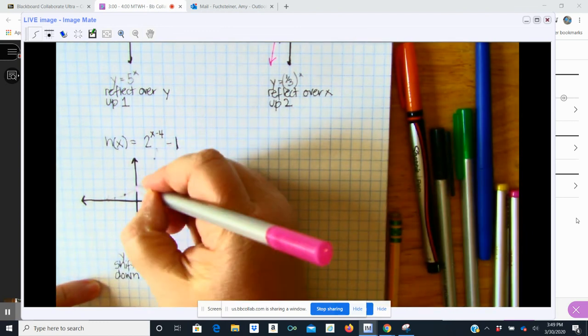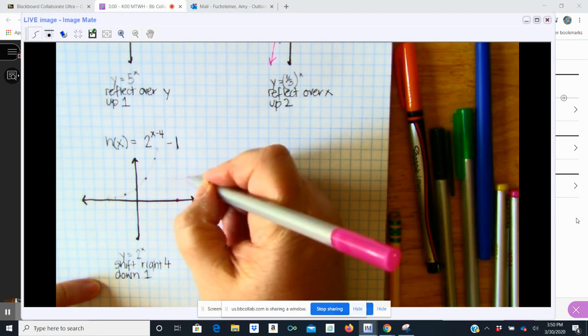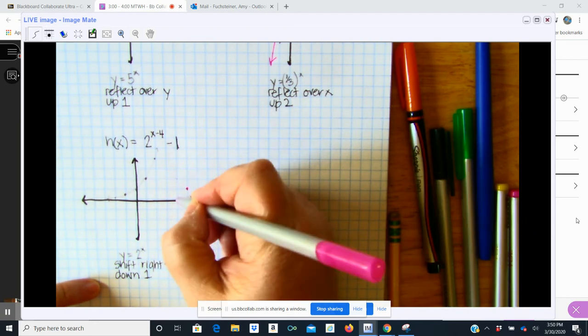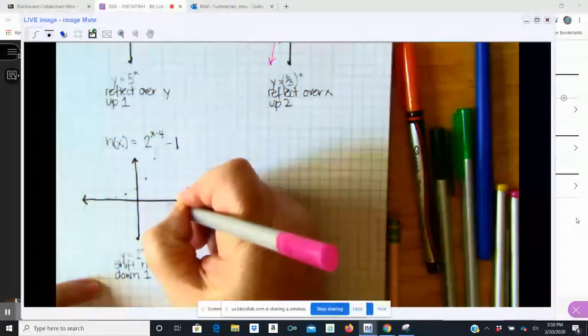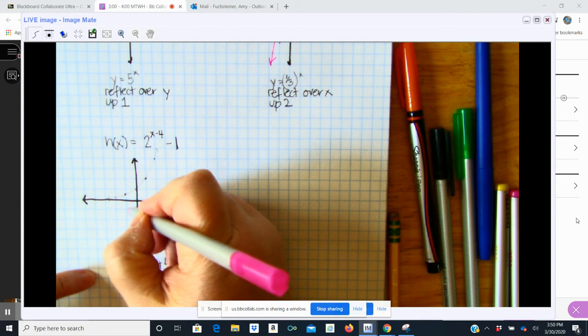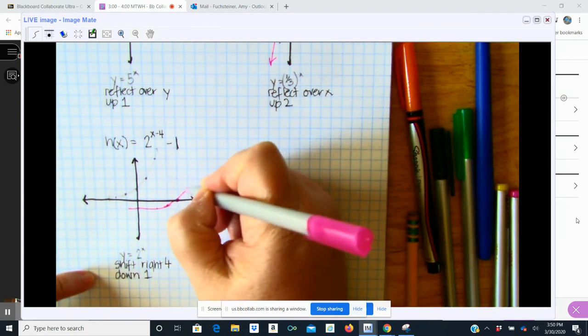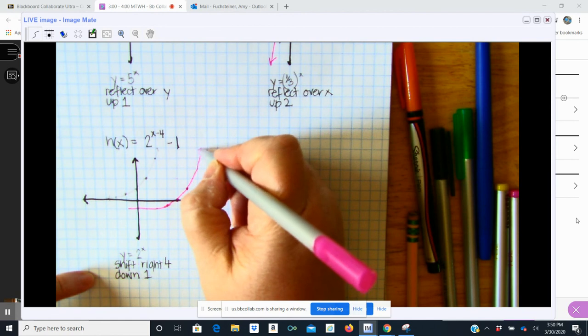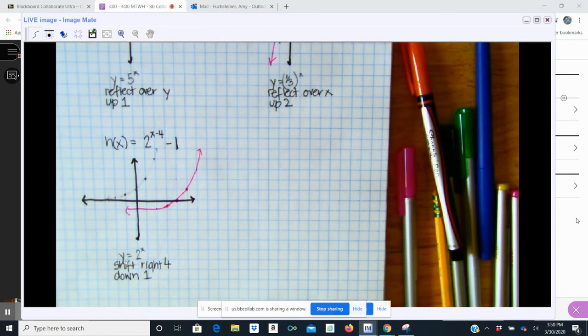So right 4, down 1. So it should look something like that.